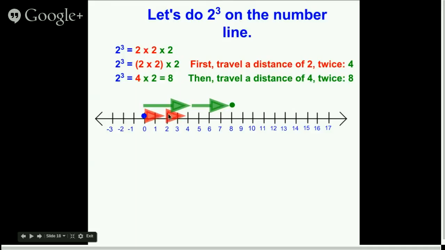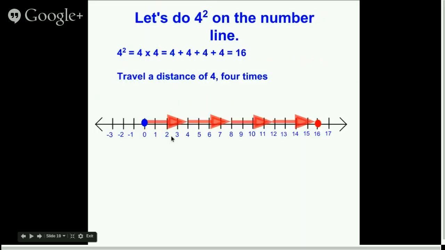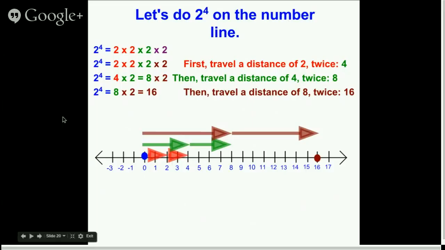So you do that first step. Go a distance of 2 twice. But then you have to do this 2 times. So you went a distance of 4 twice. This is 4 2 times. So 4 squared is you go a distance of 4 times. You went 4, 1, 2, 3, 4 times. Landed on 16.